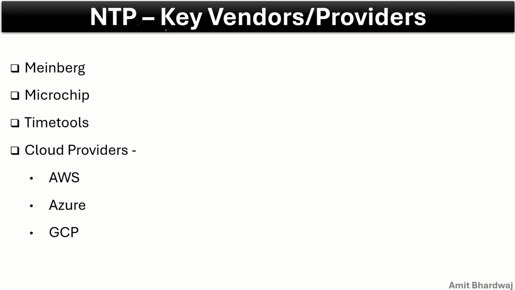In this slide, we will understand the NTP key service providers across appliance-based solutions and the cloud-based solutions. So let's start with the appliance-based solutions. Meinberg is the vendor which provides high precision time servers and GPS-enabled NTP solutions.